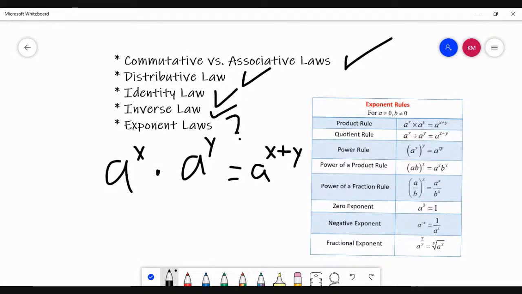What does that look like in real time? 2 to the second times 2 to the third equals 2 to the 2 plus 3, which gives me 2 to the 5th.